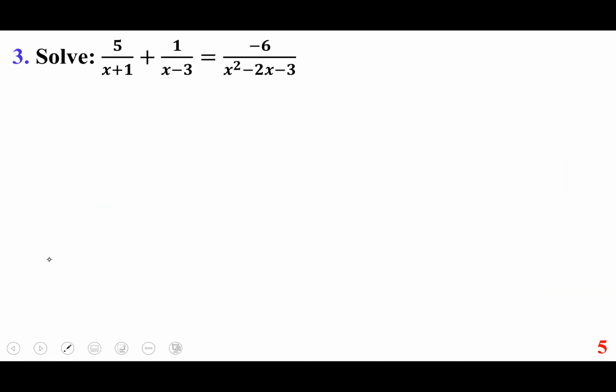We want to solve this equation. And this is a rational equation.